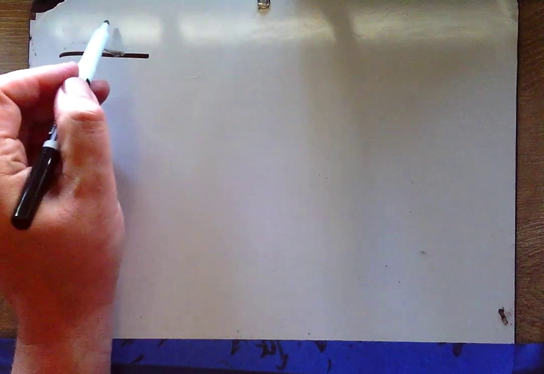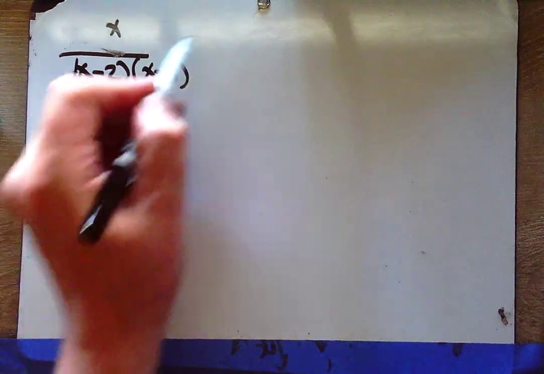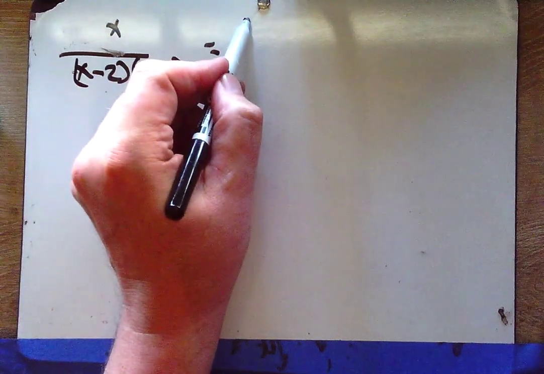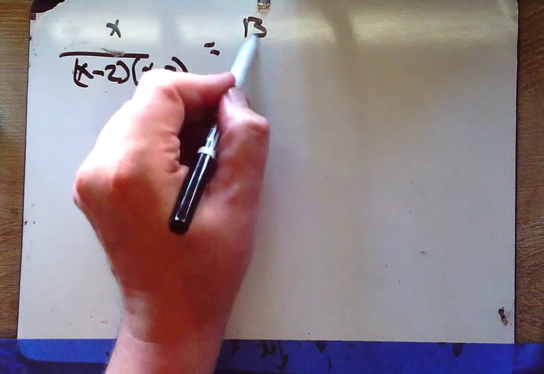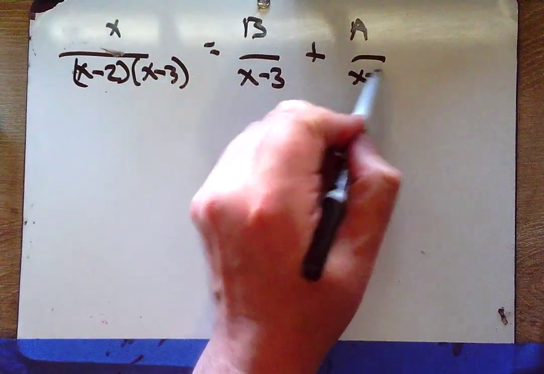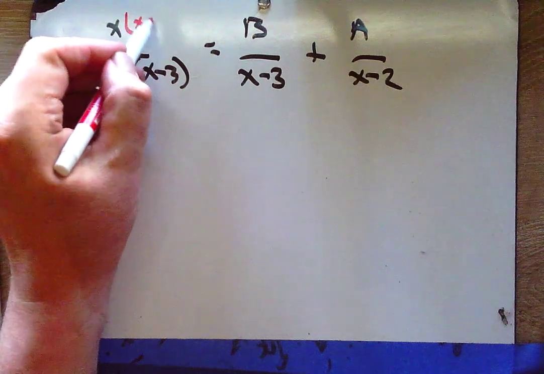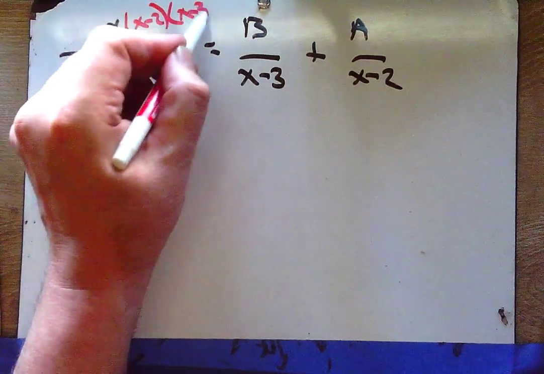Okay, so I've got x over x minus 2, x minus 3, and over here we said b over x minus 3 plus a over x minus 2, and we multiplied everywhere by our least common denominator, x minus 2, x minus 3.